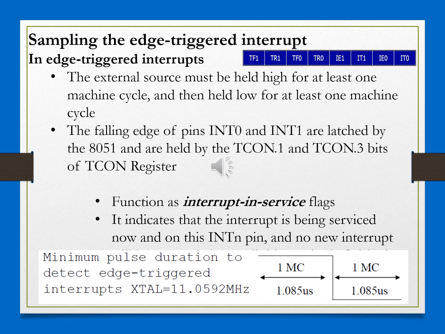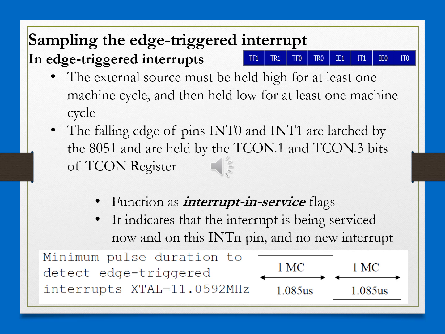Only when a high to low transition has occurred and is received by the microcontroller, and it is executing the ISR, is that indicated by these IE0 and IE1 bits of the TCON register. So they are nothing but interrupt in service flags. They are just indicating to the external world that the interrupt is being serviced and no new interrupt on these pins can be responded to. That is the meaning. It is as good as the busy signal you hear on a telephone which is already in use.